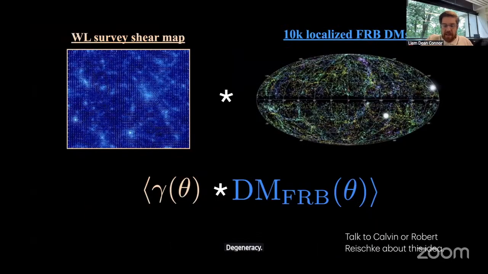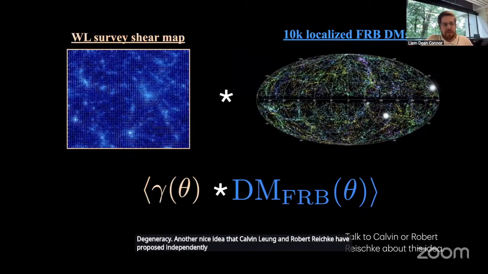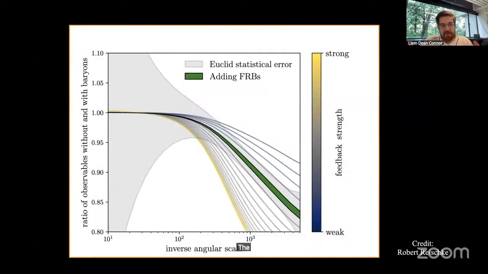Another nice idea that Calvin Leung and Robert Reischke have proposed independently is cross-correlating weak lensing shear maps with FRB DMs. The idea here is that weak lensing is sensitive to all matter, dark matter and baryons. The dispersion measures are sensitive only to baryons, and so you can kind of disentangle the contribution from feedback and from baryons.